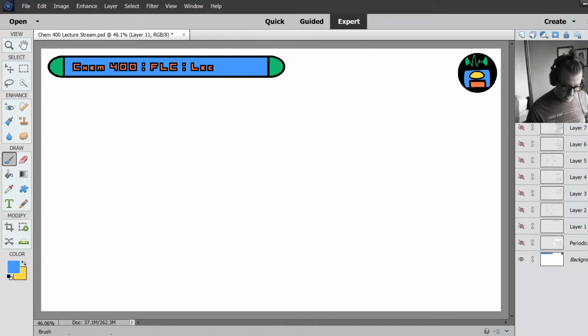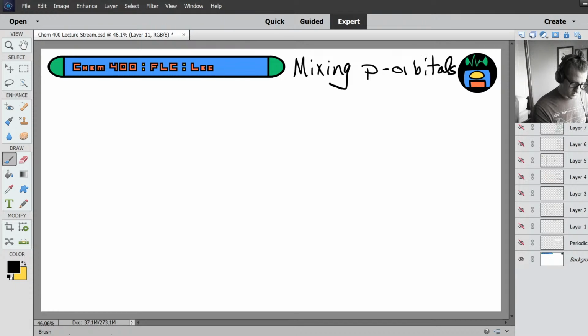So let's talk about mixing p orbitals. First off, we have 3 different p orbitals that we need to talk about mixing: px, pz, and py. I'm going to begin with mixing py.